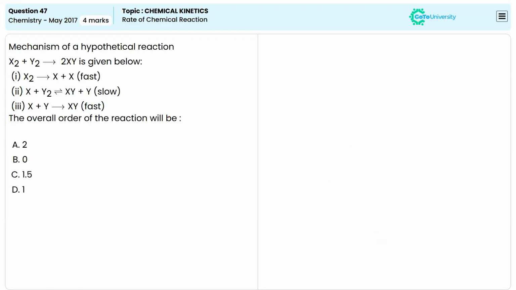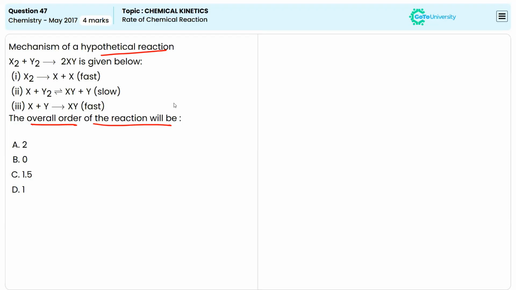Next question. The mechanism of a hypothetical reaction is given here. We have to find out the overall order of the reaction. So for a multi-step process, the overall order will depend on the slowest step. For a single step process, it is not an issue because the rate will depend on the same step.